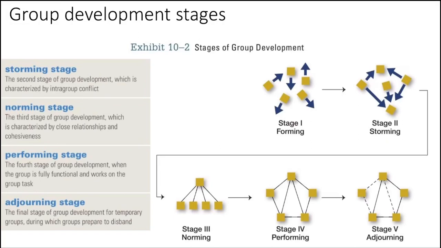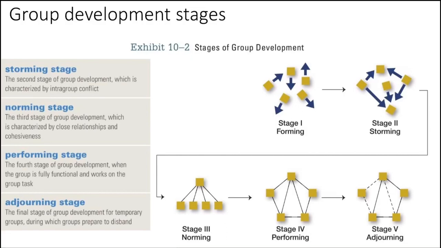representative. So moving on, we have understood and matured, and then we can move on to the third stage, which is the norming stage. Norming stage is the stage characterized by close relationship and cohesiveness. Close cohesiveness means you share the same knowledge or the same common goals.